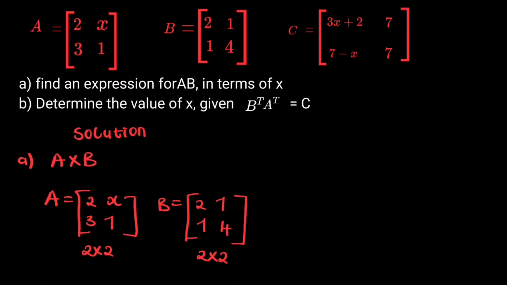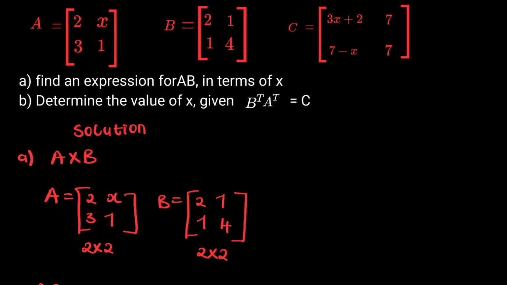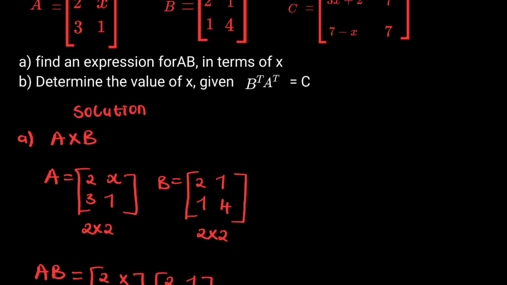What does the B part say? The B part says determine the value of x given that B transpose times A transpose is equal to C. Okay, so let's write back the three matrices.